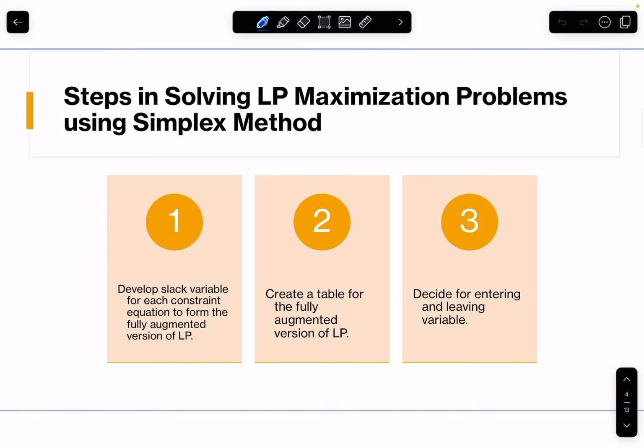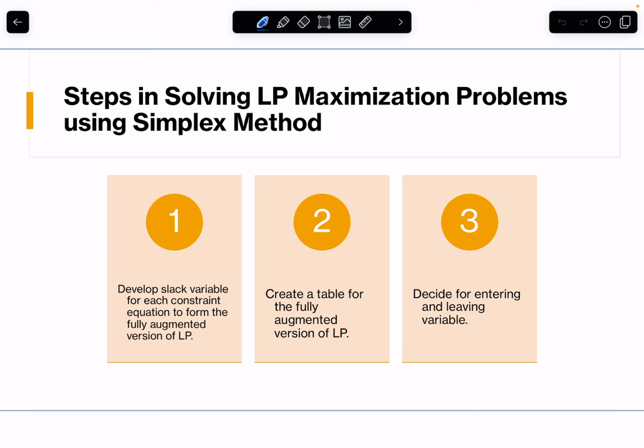So there are different steps in solving an LP maximization problem using the simplex method. The first one is, once the LP problem was formulated, we need to develop a slack variable for its constraint equation to form the fully augmented version of the LP.